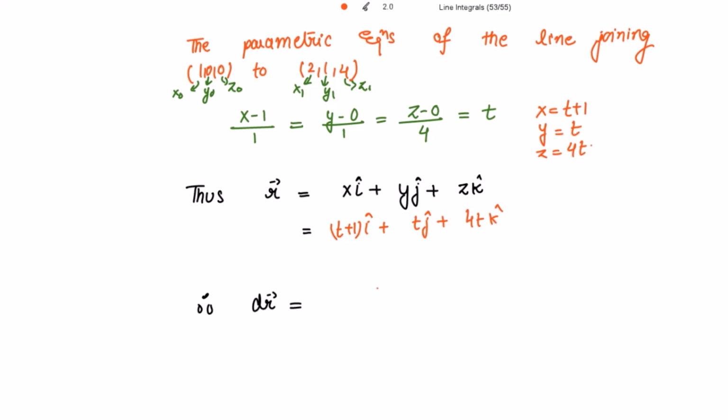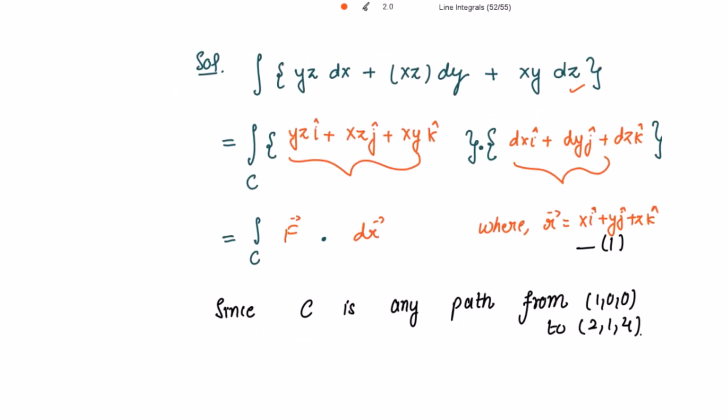So therefore, dr vector becomes, because r is in terms of t, I have to differentiate this r vector with respect to t. So this is dt i cap plus dt j cap plus 4 dt k cap, right? So this can also be written as dr vector by dt is equal to i cap plus j cap plus 4k cap.